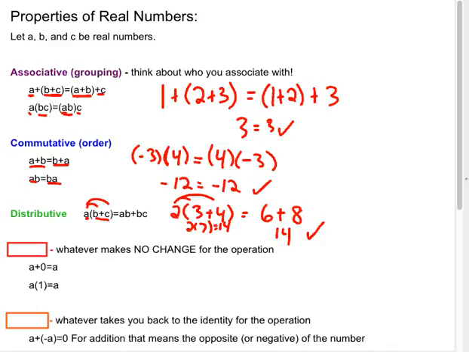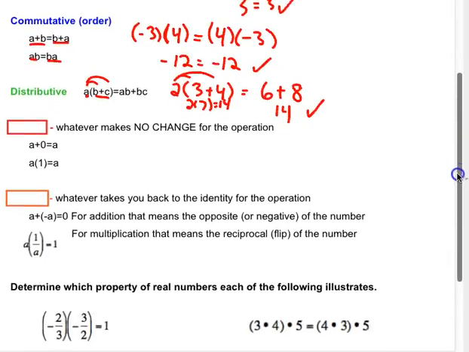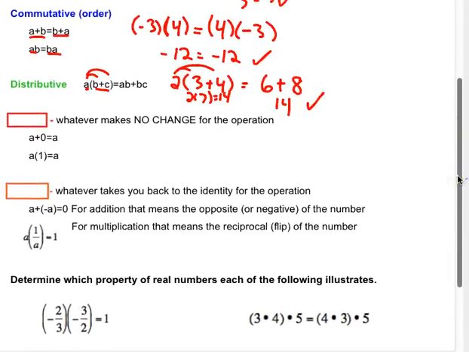All right, now, the two that I think the idea you have already encountered, but now we're going to give it a name here in Algebra 2, okay? So the first one is called the identity. The identity is the thing that when you do it to that operation, it doesn't change the value, okay?